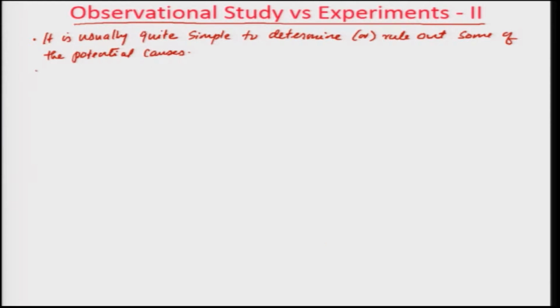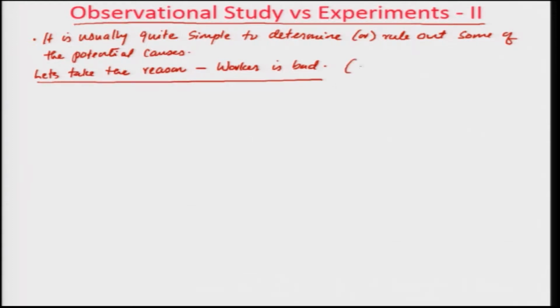So, let us take the reason that the worker is bad. As an example, we are taking this particular case that the worker is bad. This is one of the causes that we are looking at.